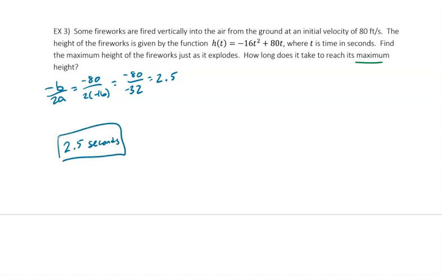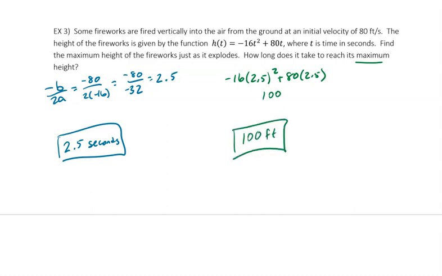That's going to be how long it takes. To find the maximum height, again, we're just going to plug it in. So negative 16 times 2.5 squared plus 80 times 2.5. You can plug that into your calculator. It should give you 100. So 100 feet is how high the firework is whenever it explodes.